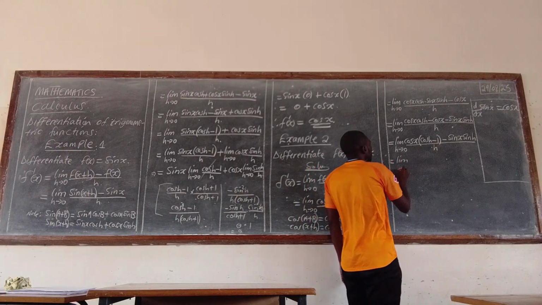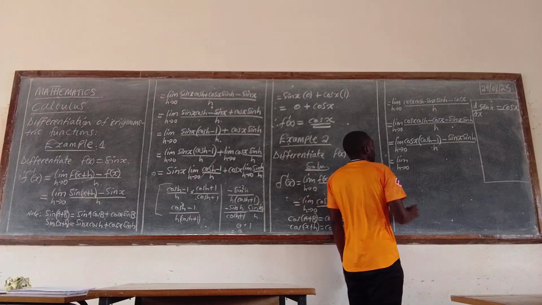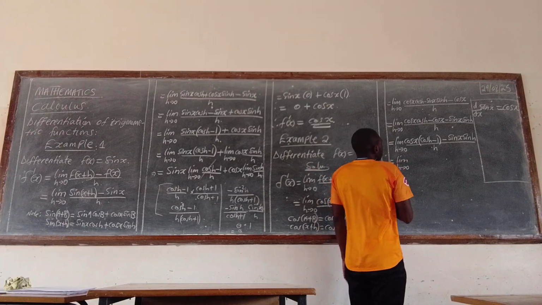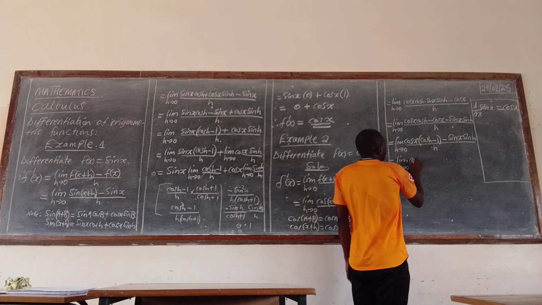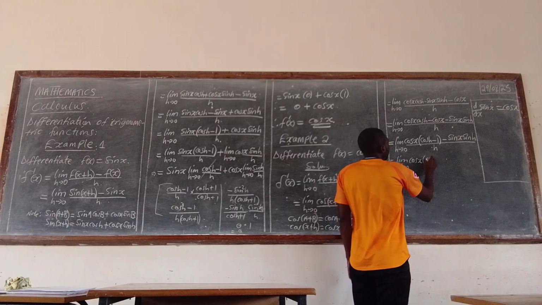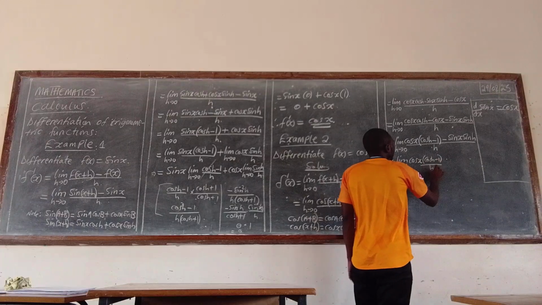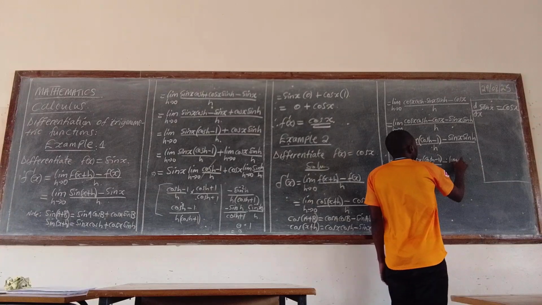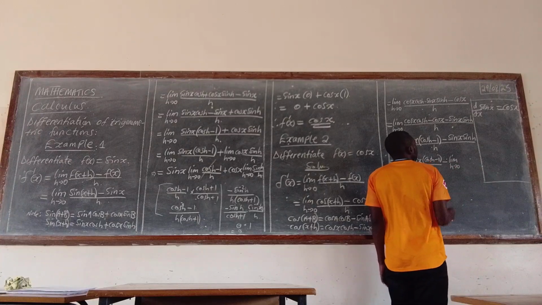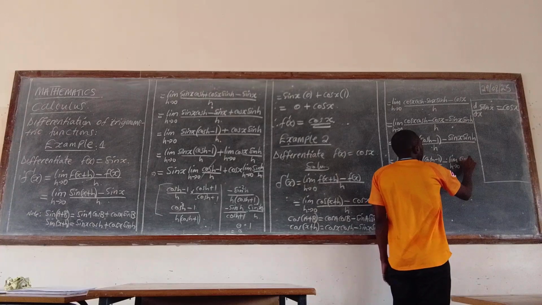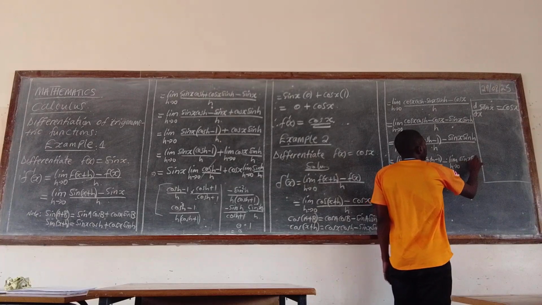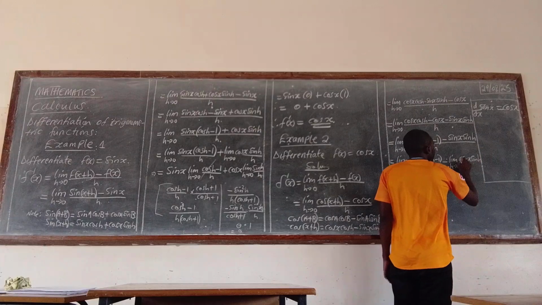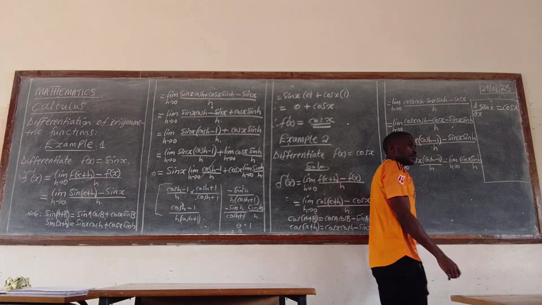We have the limit as h approaches 0 of cos x times cos h minus 1 divided by h, minus the limit as h approaches 0 of sin x sin h divided by h.